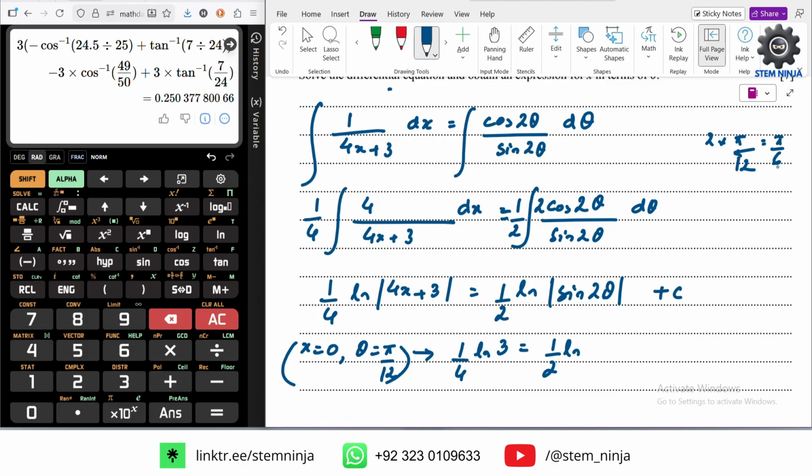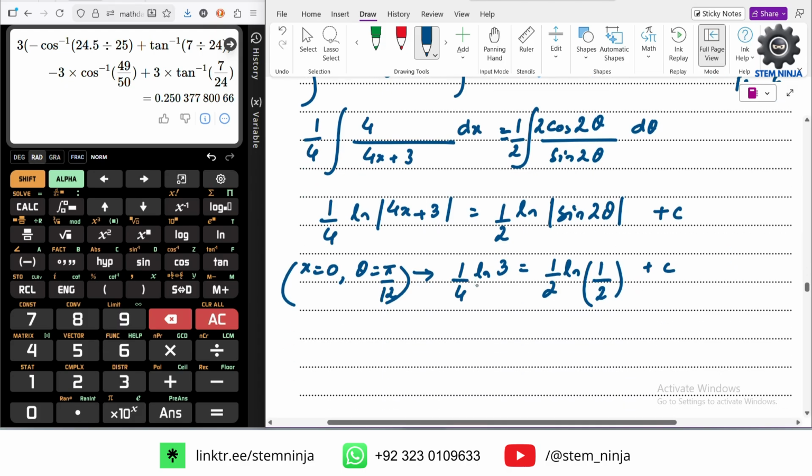Pi by 6 is 30 degrees. Sine of 30 degrees is 1 over 2, plus c. So we need c in the exact form.